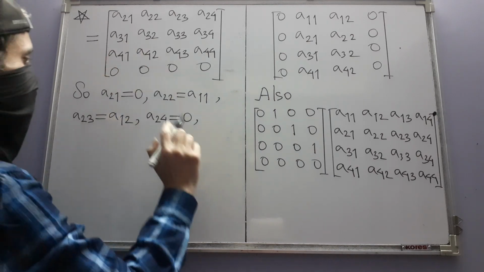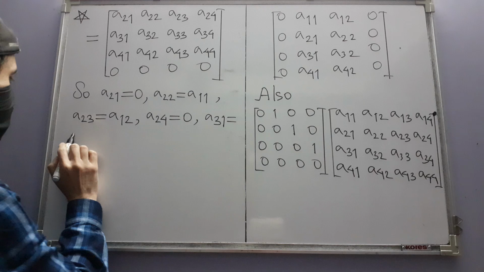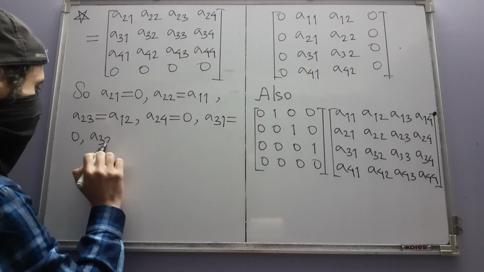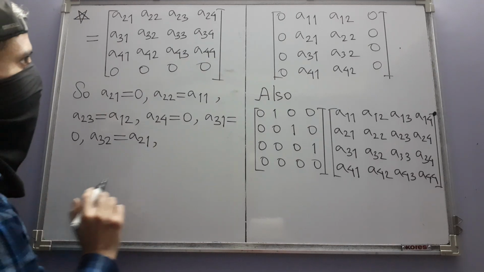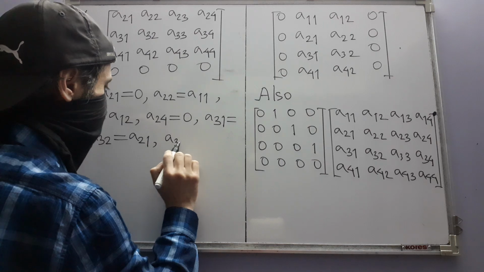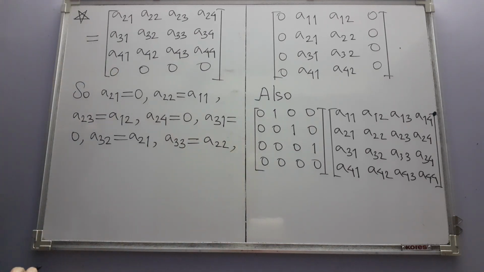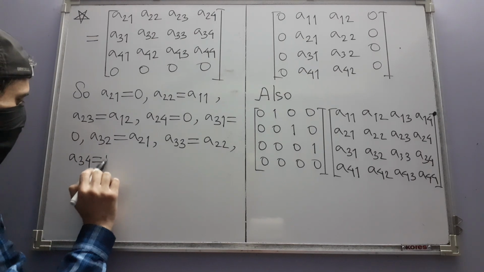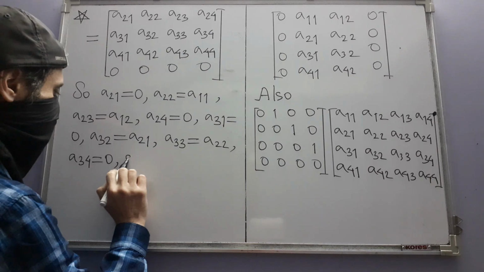Then A31 is 0. A32 is equal to A21. A33 is equal to A22. And A34 is 0.